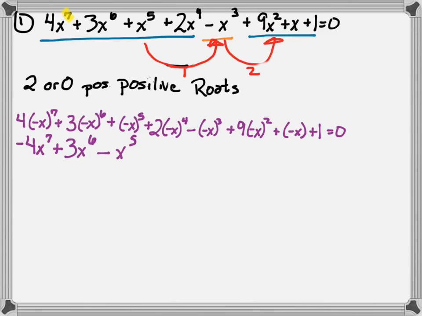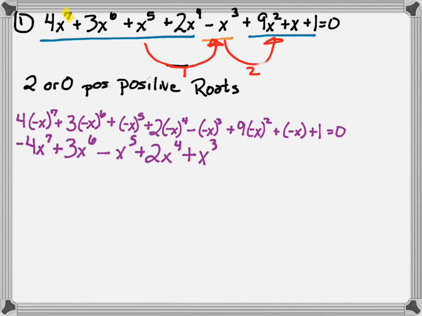So negative x to the 4th power. Keep it or change it? Keep it. Negative x to the 3rd power. Keep it or change it? Change it, because it becomes negative. Negative x squared.